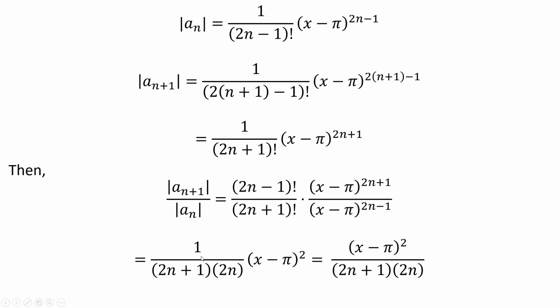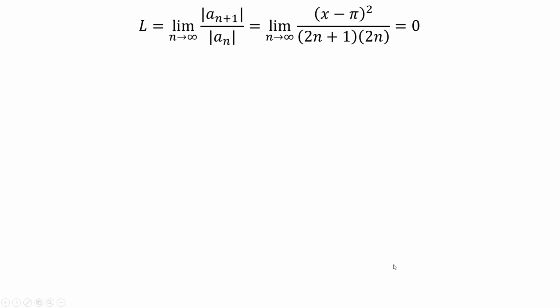What we're left with is 1 over 2n plus 1 multiplied by 2n. And here we have (x minus pi) squared, because these powers cancel out. We do this power minus this power. The 2n's cancel, so we're left with 1 minus negative 1, which is just 2. Now we can rewrite this as (x minus pi) squared over (2n plus 1) multiplied by 2n.